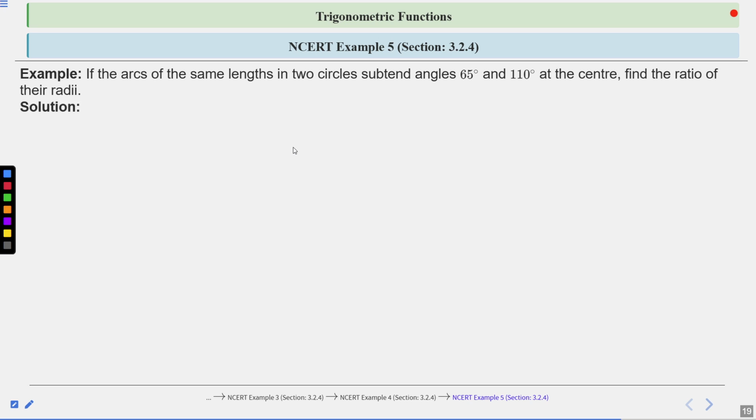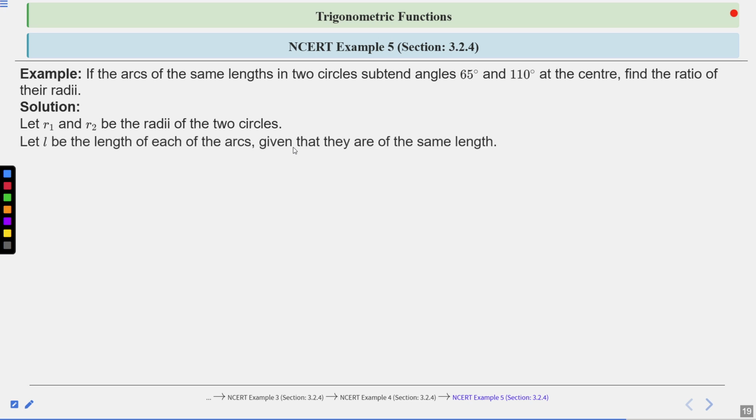Now the solution part. So starting with the assumption that R1 represents the circle with radius R1, R2 is another circle with radius R2. Now let L be the length of each of the arcs, given that they are of the same length. The central angles are given as theta 1 is 65 degrees and theta 2 is 110 degrees.